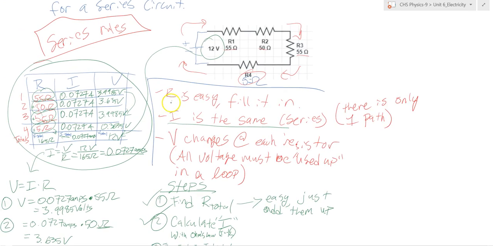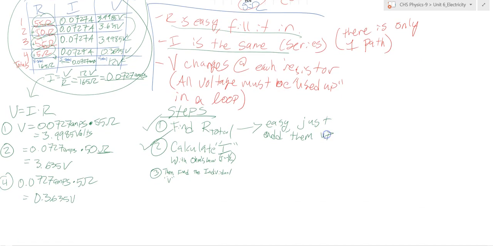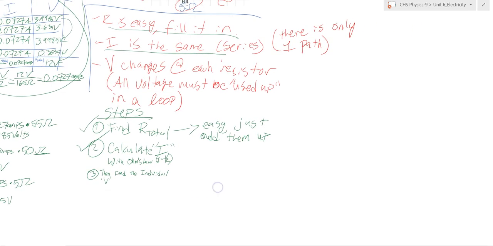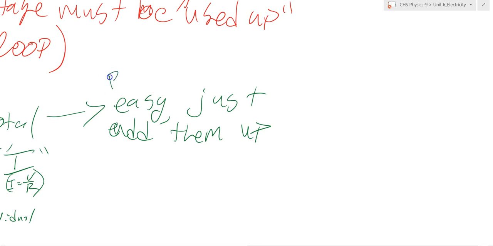So remember, R is easy. We filled that in first. I is the same. You'll notice that the current was the same in all of these. The voltage changes at each resistor. You'll notice that the voltage changed at each of these resistors. And a few other little reminders here. We got our total by adding everything up.